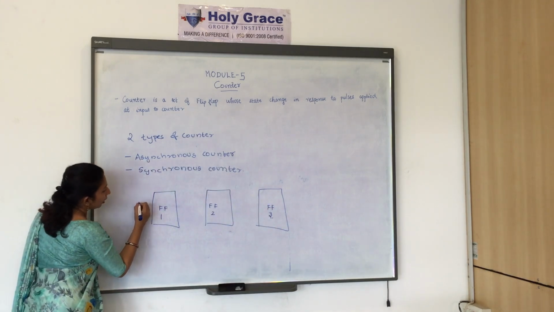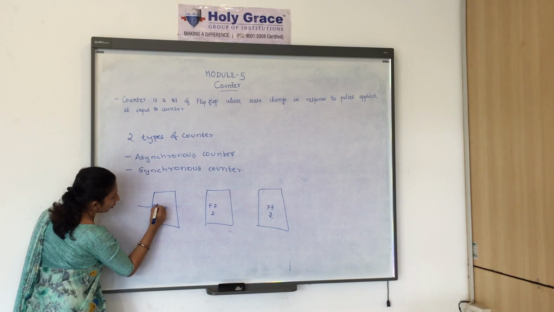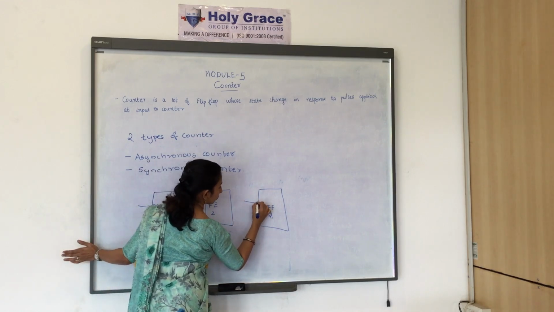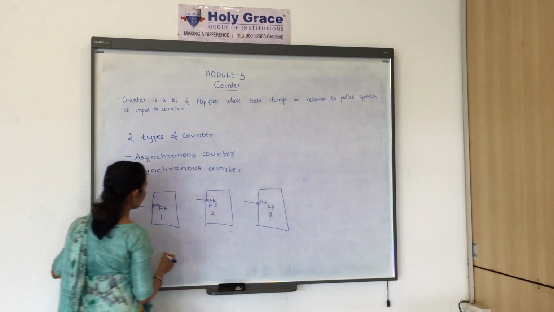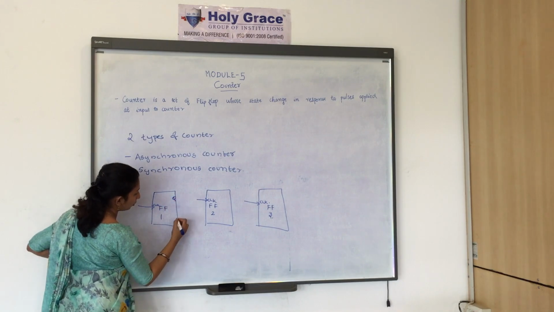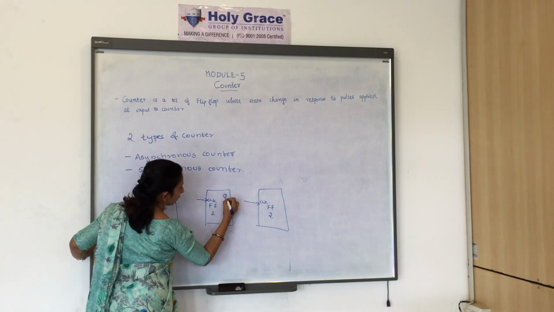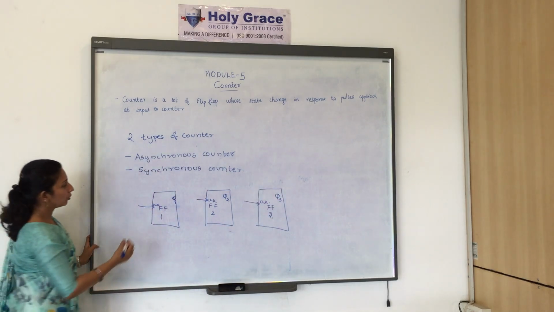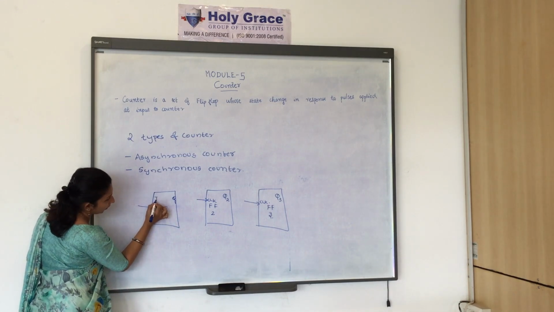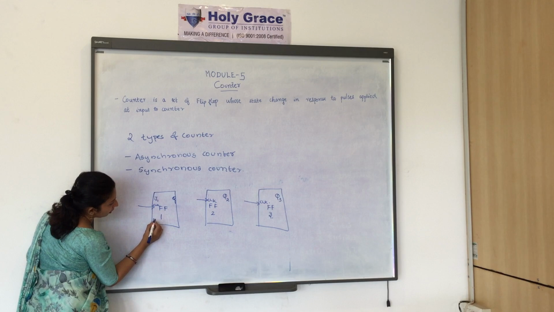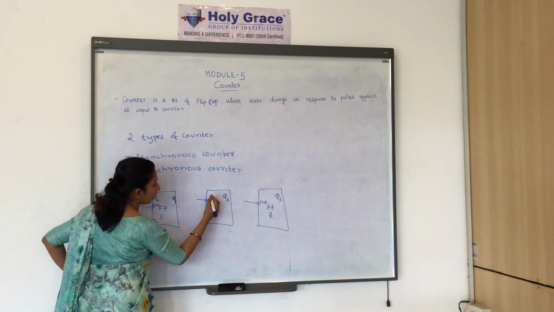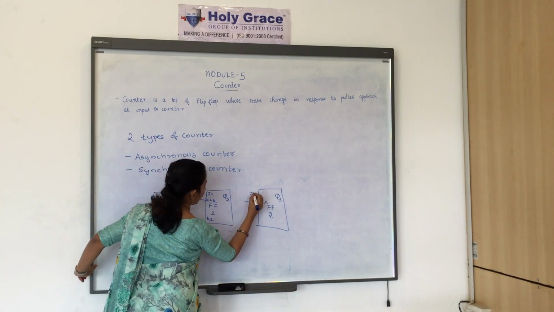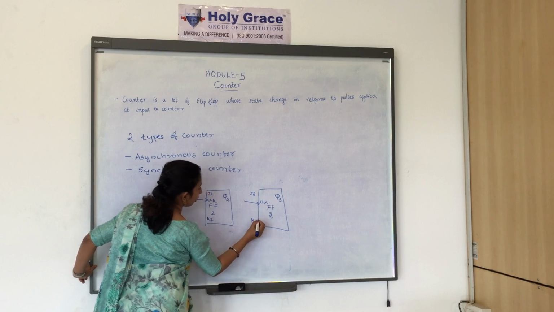Every flip-flop has a clock input and also an output Q. Let these be Q1, Q2, and Q3. If it is a JK flip-flop, it has inputs J1 and K1. For the second flip-flop, inputs J2 and K2. This one is J3, this one is K3.